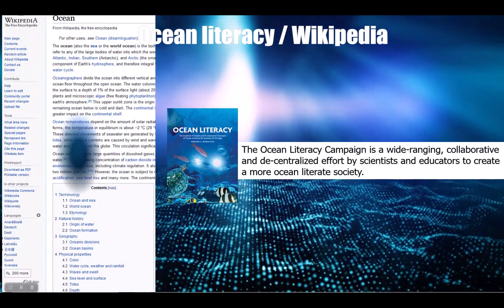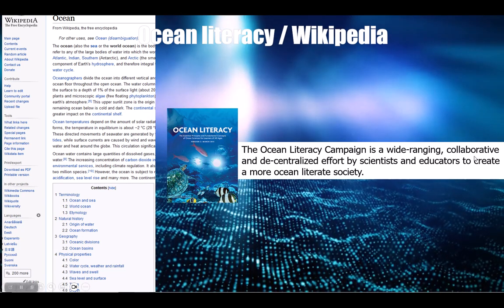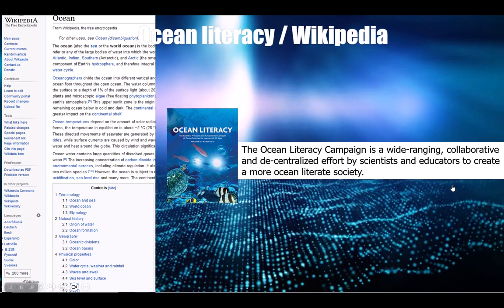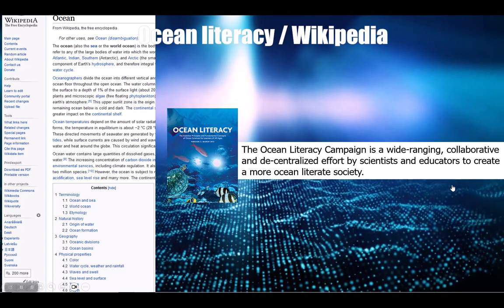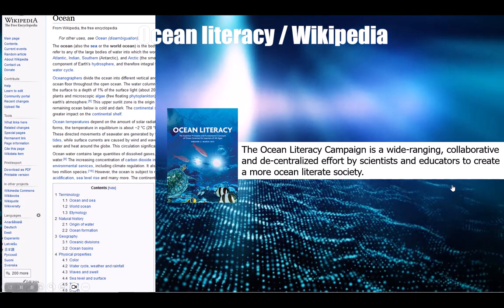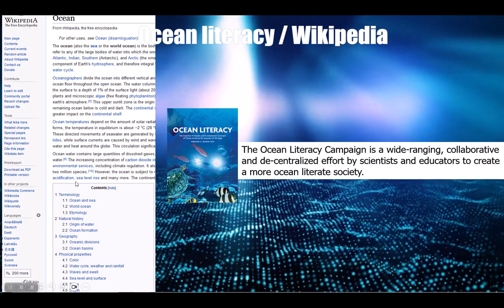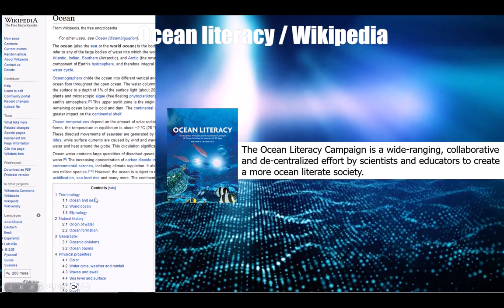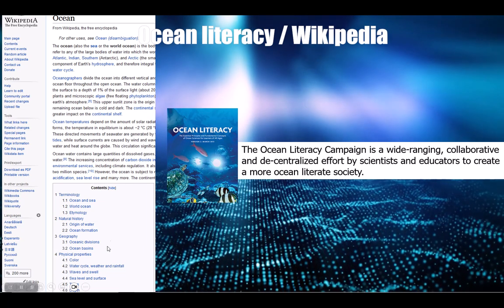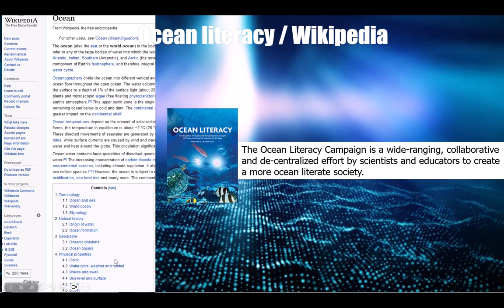Ocean literature is defined here. It's a wide-ranging, collaborative and decentralized effort by scientists and others to create a more ocean literate society. And the definition for ocean is here from Wikipedia, and there are contents. Number 1 is terminology, number 2 is natural history, and 3 is geography, and 4 is physics.